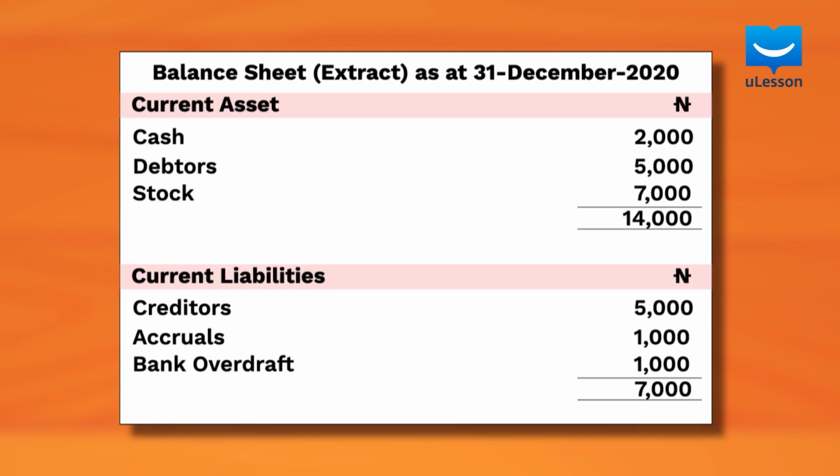Let's now take a look at an extract of the balance sheet of Miss Flora's store as at the 31st of December 2020. On this date, she had a total current asset of 14,000 naira and a total current liabilities of 7,000 naira. The current ratio is a liquidity ratio that compares the total current assets with the total current liabilities.